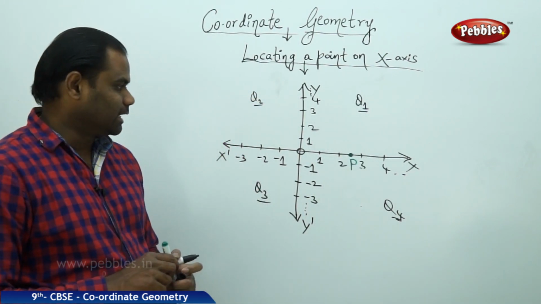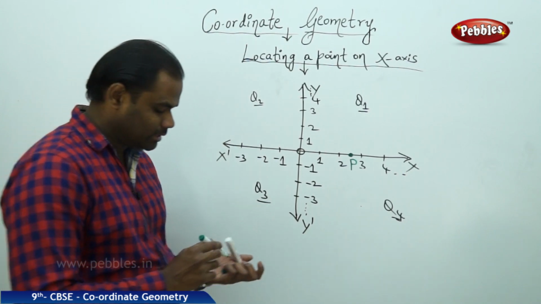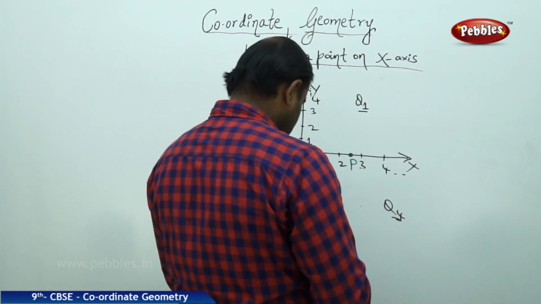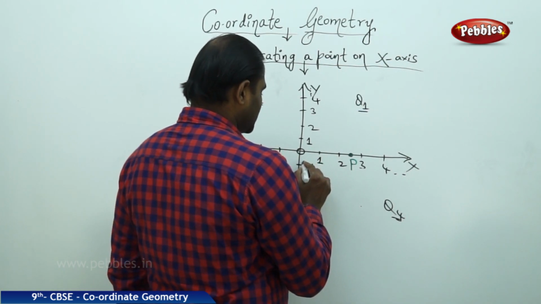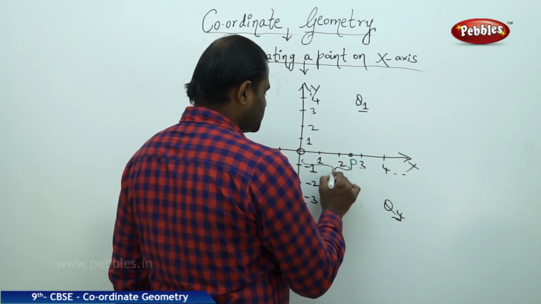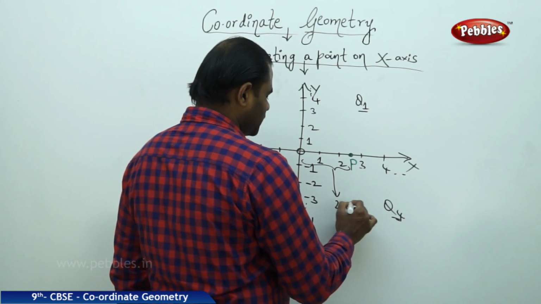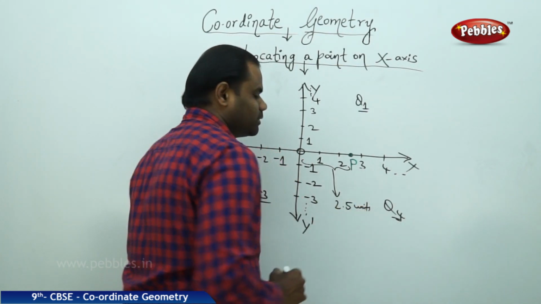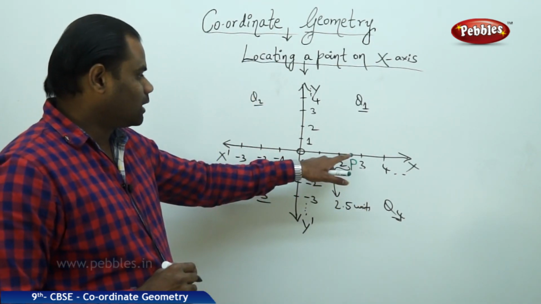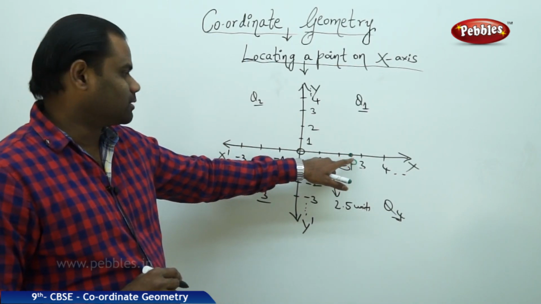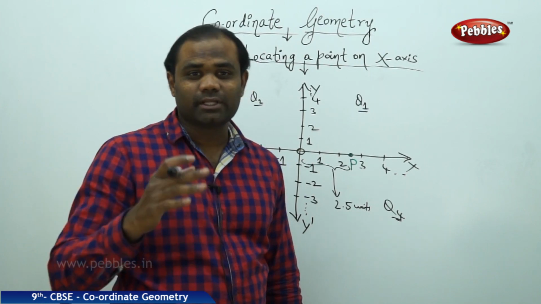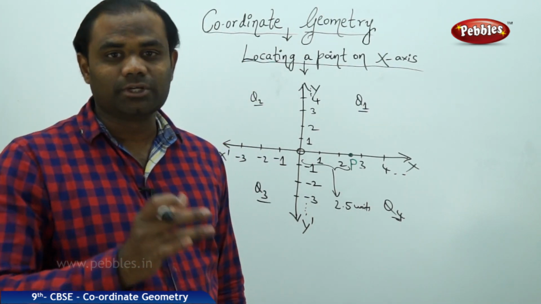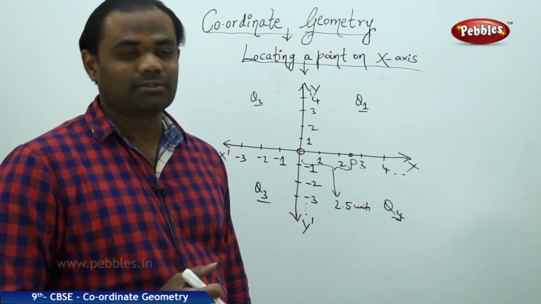I understand that this point is clearly 2.5 units from the origin. So it is 2.5 units to the right. After moving 2.5 units to the right, it doesn't move up or down. That means there's no change in the y coordinate. It is 0 itself from the initial position.